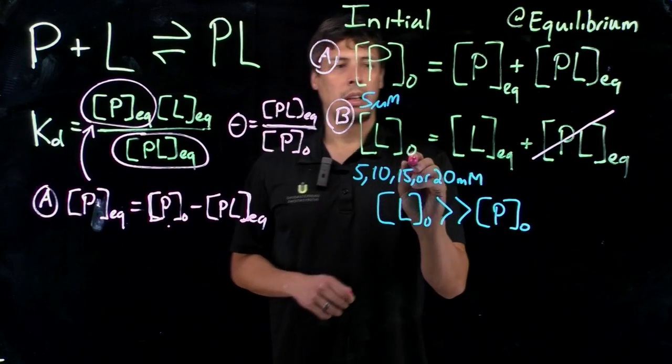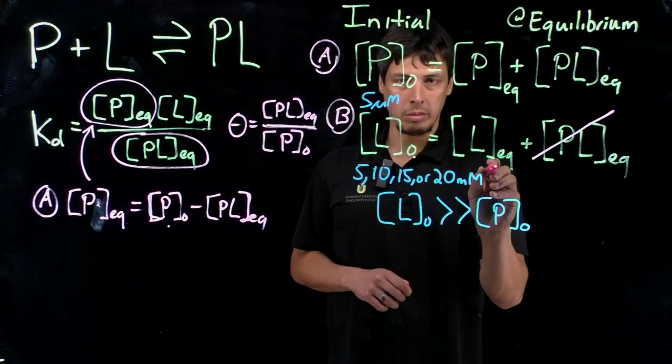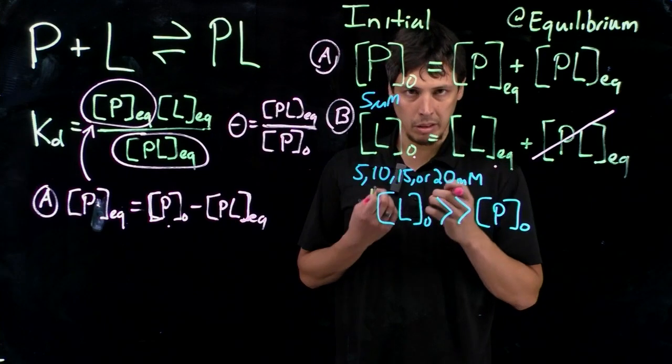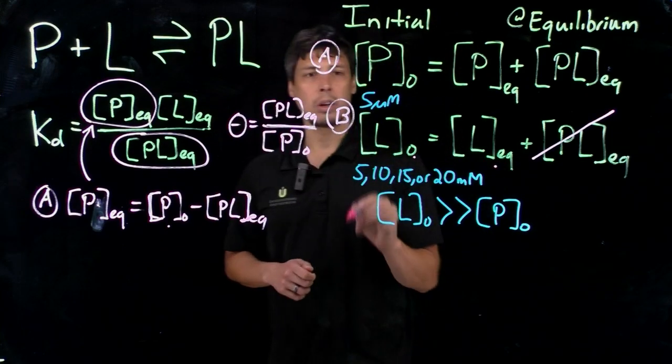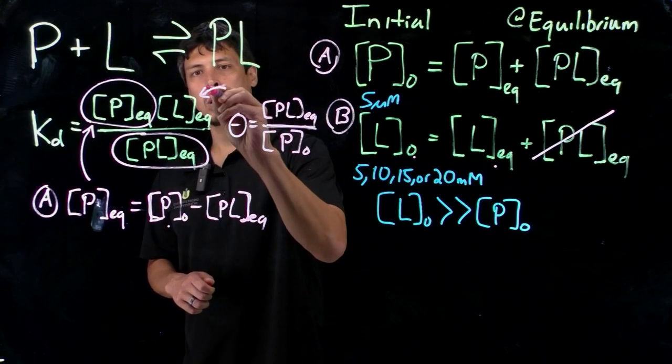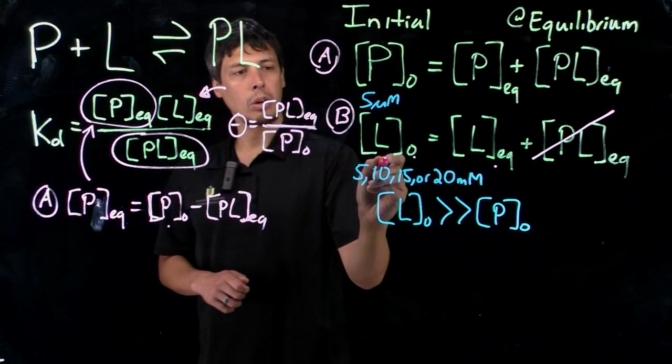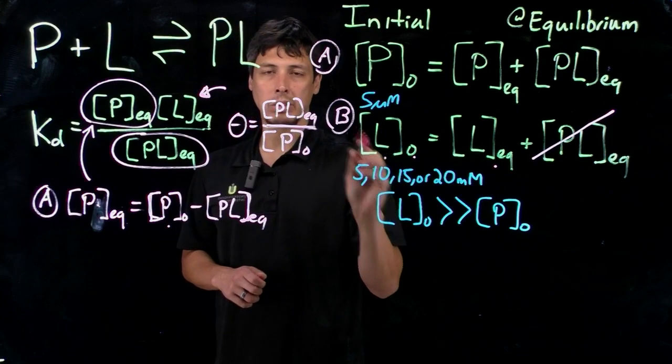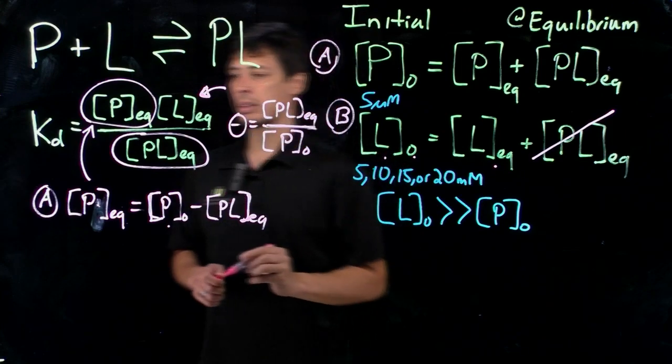And so ligand naught is equal to ligand at equilibrium because the change in concentration is so small. And now we can substitute in here for something that we know we've added to the experiment. We can control for this ourselves.